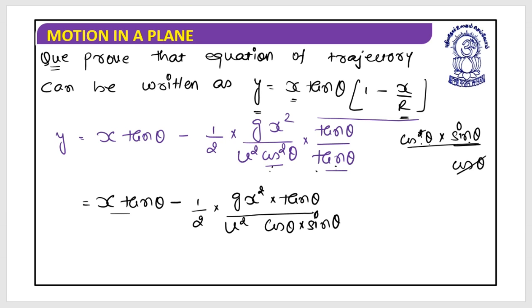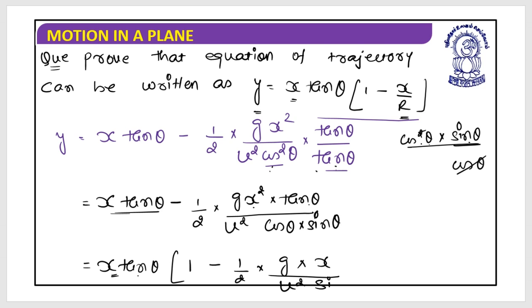Now if I take x tan theta as common, then it is x tan theta into bracket 1 minus, and the terms remaining are half into g into x square, with one x taken out, divided by u square into sin theta into cos theta.